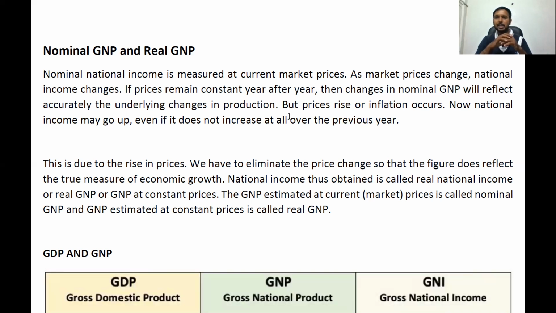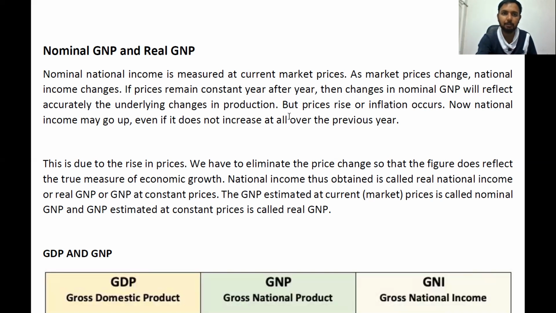If the price remains the same and we get more national income than the previous year, then we can say that we have produced more than the previous year. But if the price increases, we will get more national income, but it might be possible that the increased national income came from the increment in the price, and we may not have increased the production of goods and services at all.